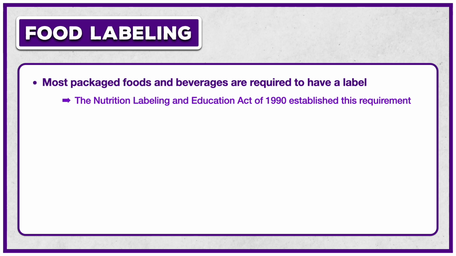Quite obviously, food labeling deals with the labels found on foods, but it also deals with beverages. Most packaged foods and beverages are required to have a label. The Nutrition Labeling and Education Act of 1990 established this requirement, making labeling a federal law.